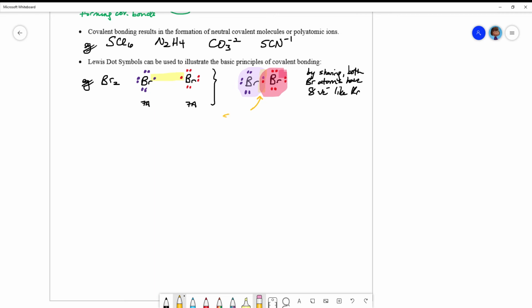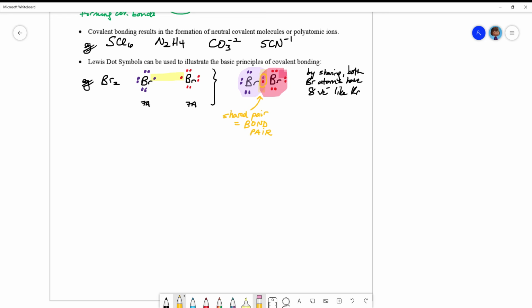This shared pair, which results in the bond formation, is known as a bond pair of valence electrons. Without that shared pair, there would be no bond between the two bromine atoms. So very, very important. So we've got the shared pair right here.